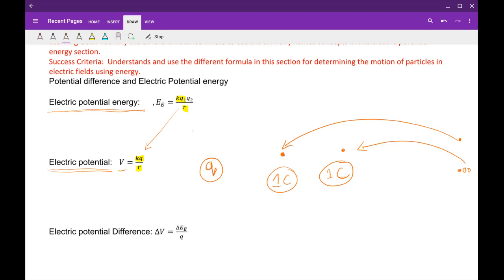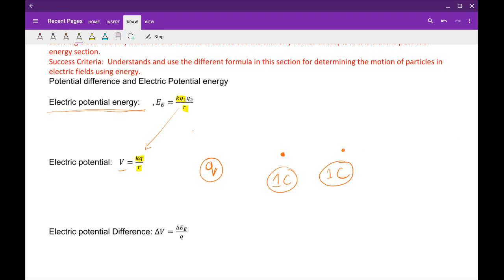They're in a way a field, but more of an energy field rather than a force field, okay? So let me repeat this a little bit. This electric potential is kind of like an energy field around a particle Q.